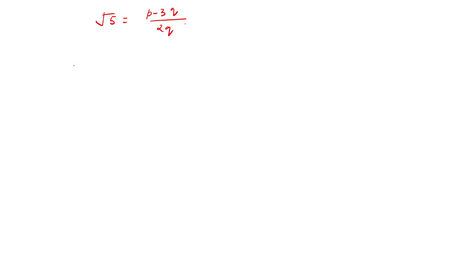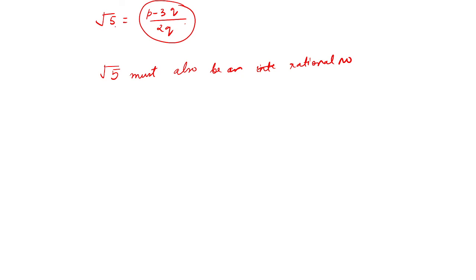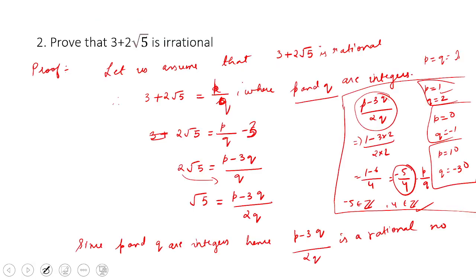Now look at this. Since we already got that p minus 3q by 2q is a rational number, that means root 5 must also be a rational number, because root 5 is equal to p minus 3q by 2q.